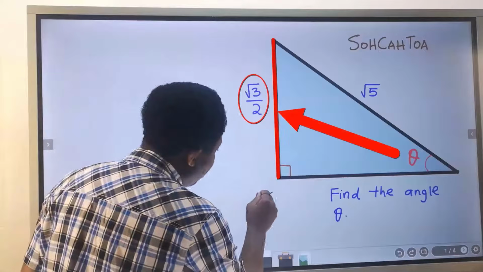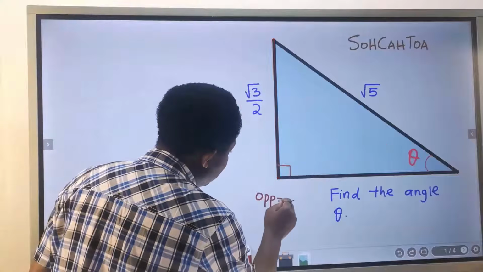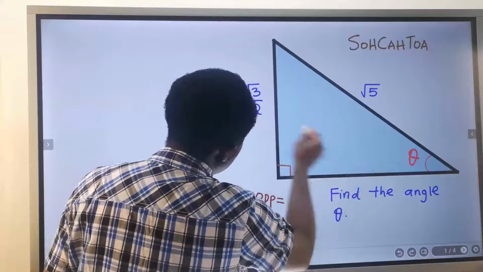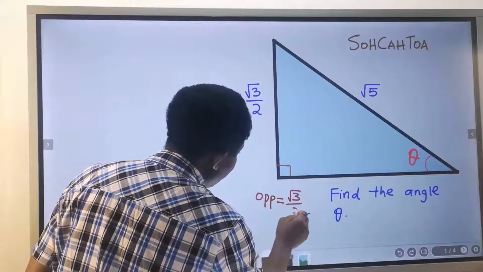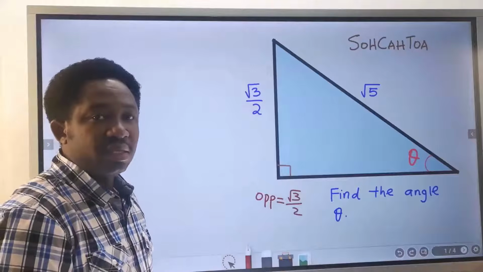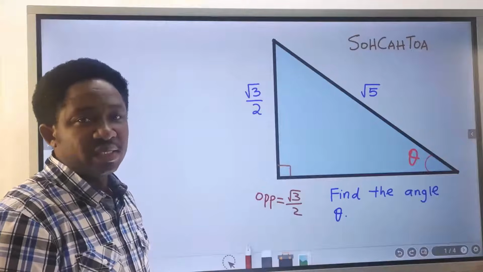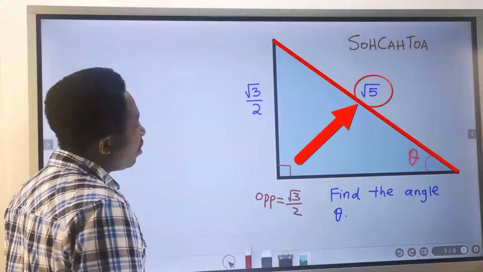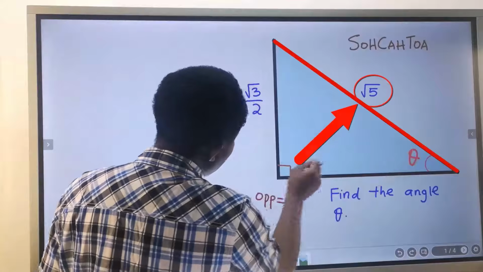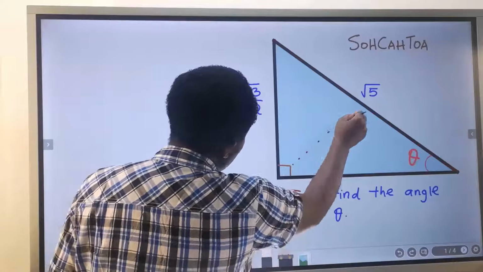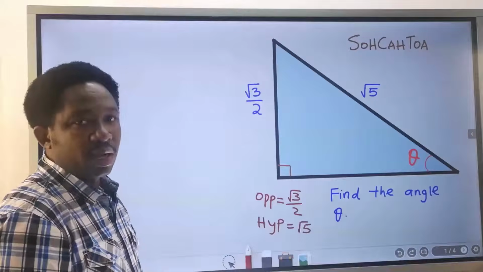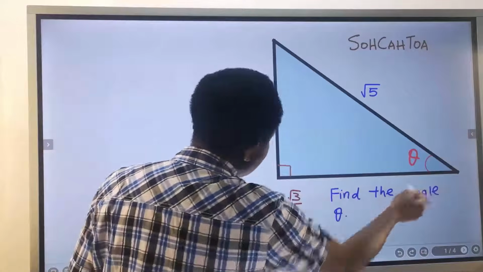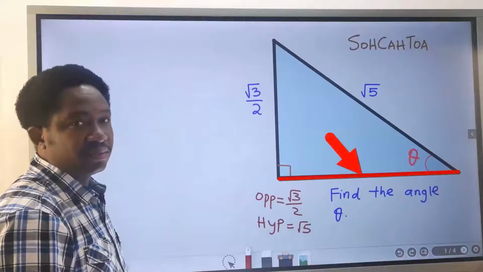Here, the opposite is the side facing the angle, which is √3/2. Next, you identify the longest length. The longest side is the side facing the right angle, which is the hypotenuse. And this remaining part is the adjacent.